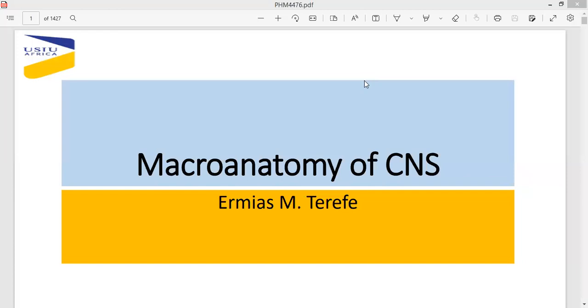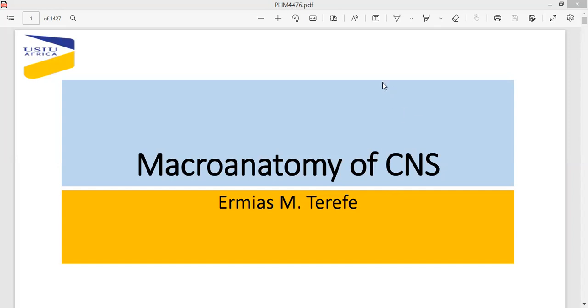So when we're talking about the macroanatomy of the CNS, it consists of two parts. Which parts are these? We're saying the CNS consists of two parts.